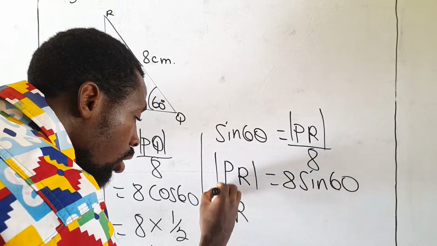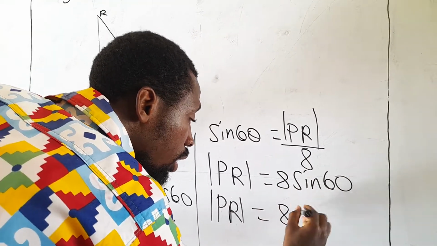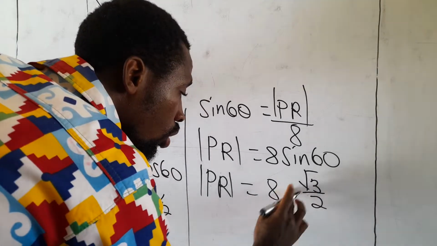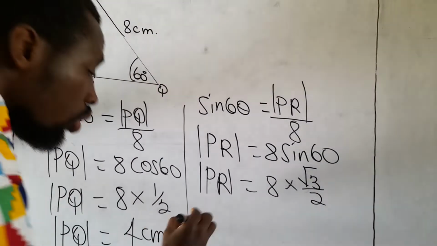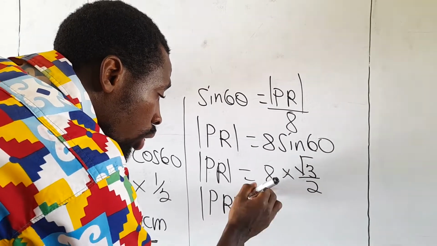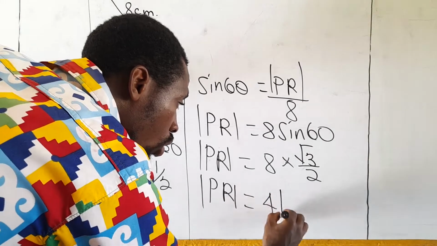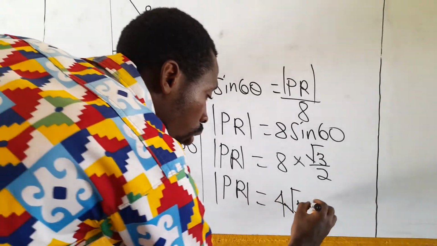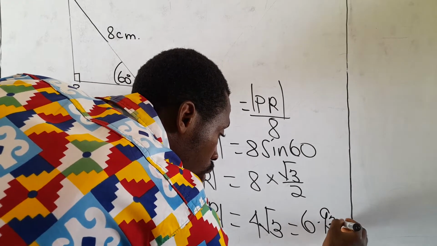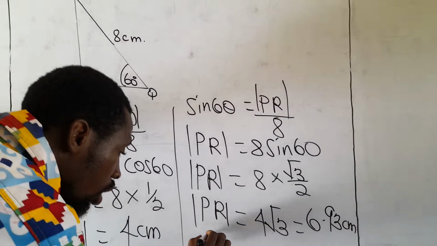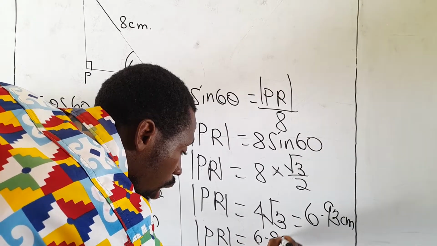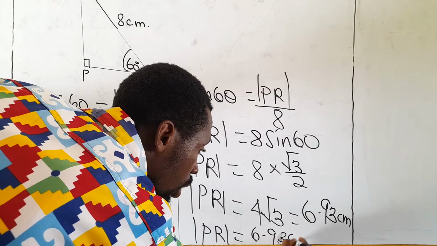Sine 60 is root 3 over 2, so we can say 8 times root 3 over 2. 2 going into 8 is 4 times. So that will be 4 root 3. 4 root 3 is equal to 6.93, correct to 2 decimal places. And we can conclude our PR is equal to 6.93 centimeters.